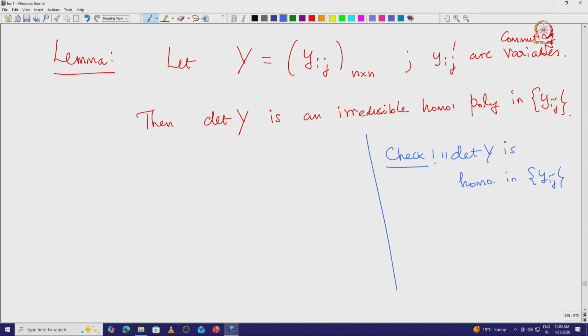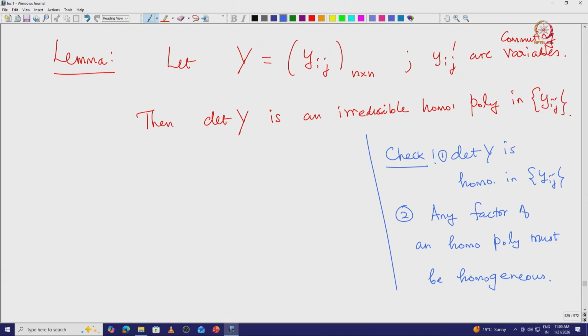And another important thing about homogeneous polynomials: any factor of a homogeneous polynomial must be homogeneous. That is again an easy thing to check. Okay, I will leave it to you to check these two facts.